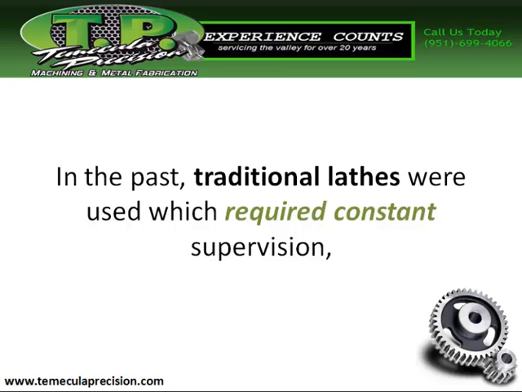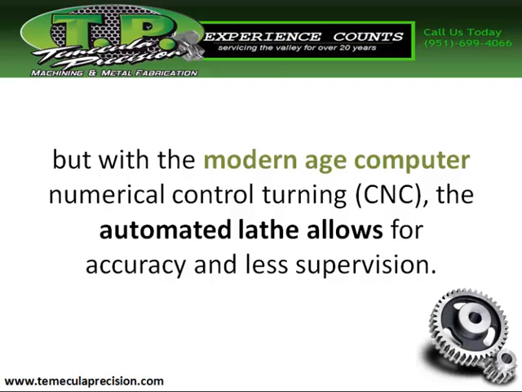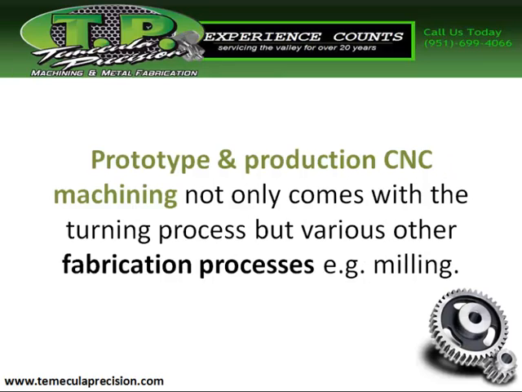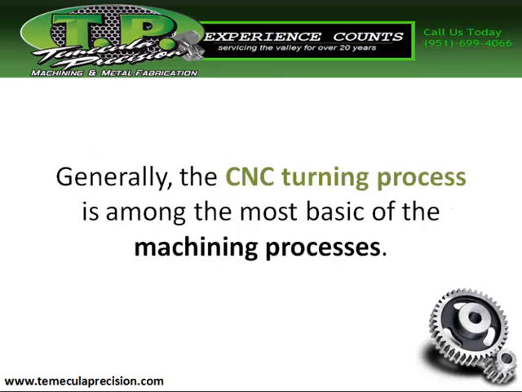In the past, traditional lathes were used which required constant supervision, but with the modern age of computer numerical controlled turning (CNC), the automated lathes allow for accuracy and less supervision. Prototype and production CNC machining not only comes with the turning process, but various other fabrication processes, such as milling. Generally, the CNC turning process is among the most basic of the machining processes.